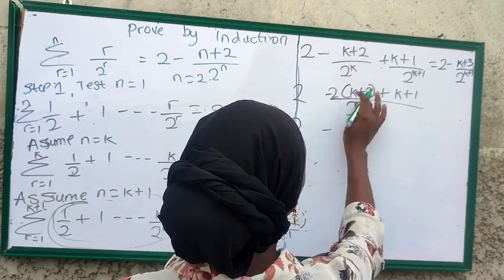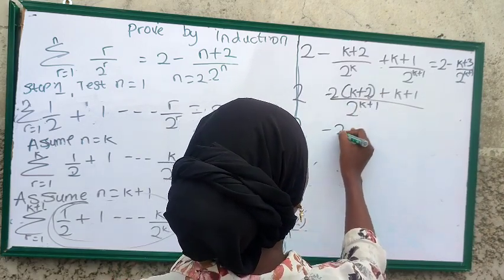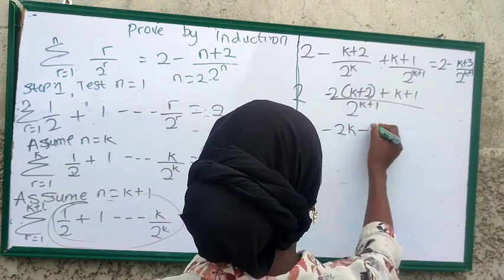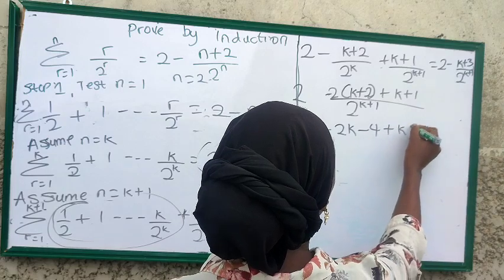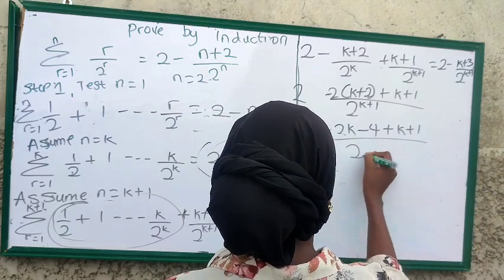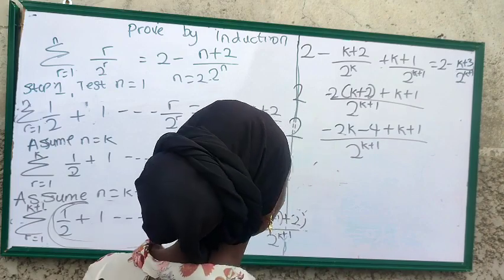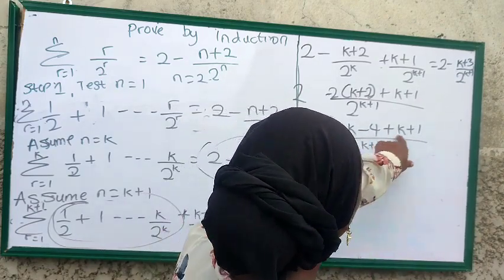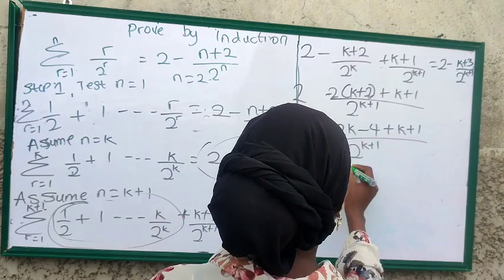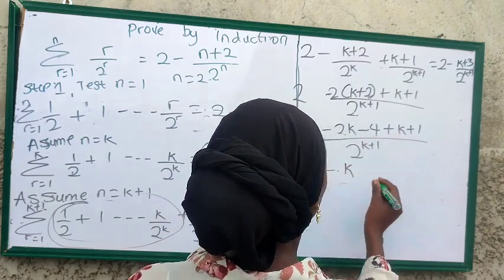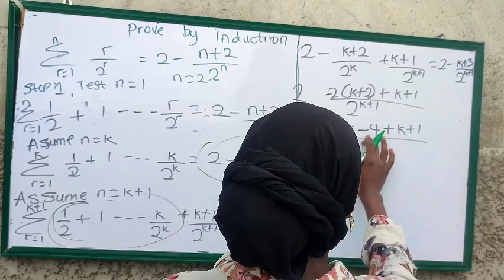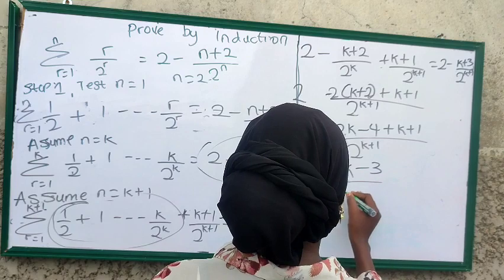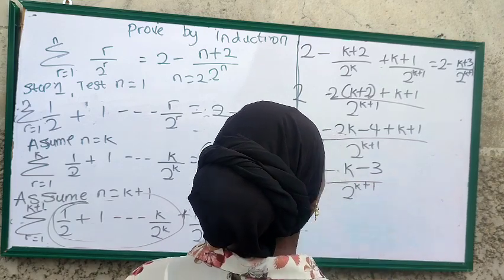2 minus 2 times k is minus 2k, and minus 2 times 2 is minus 4, plus k plus 1, all divided by 2 to the power of k plus 1. So we have 2 minus 2k plus k, which is minus k, and minus 4 plus 1 is minus 3, divided by 2 to the power of k plus 1.